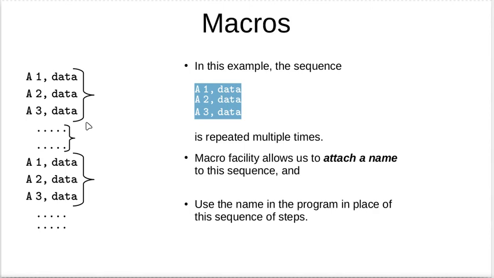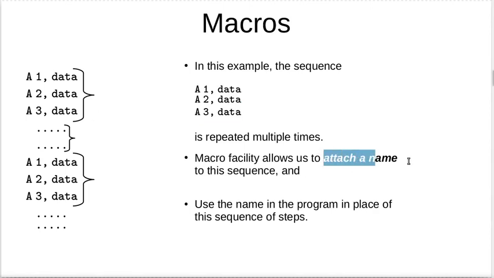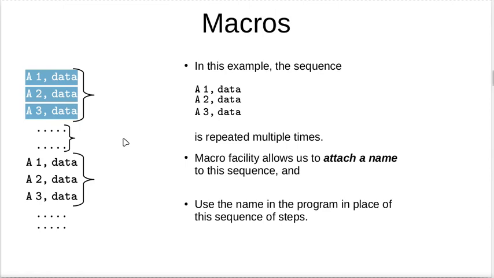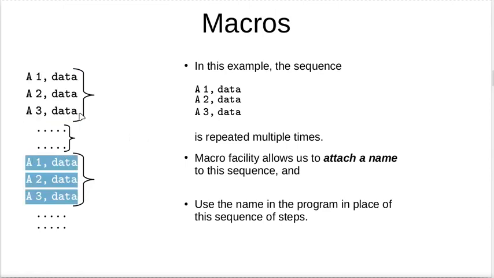The macro facility allows us to attach a name, which is treated as an instruction, to this sequence. Since all these occurrences are the same, they can be represented by using a name.